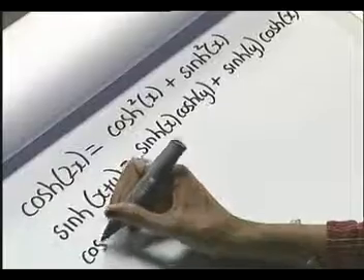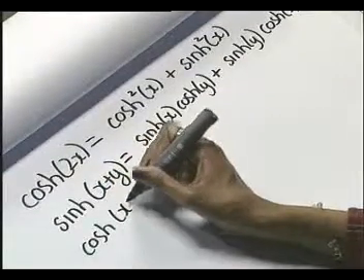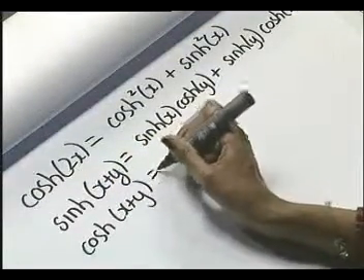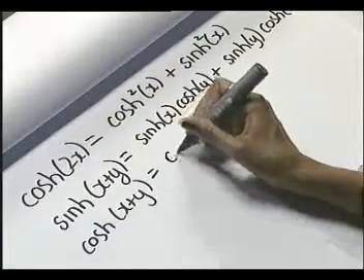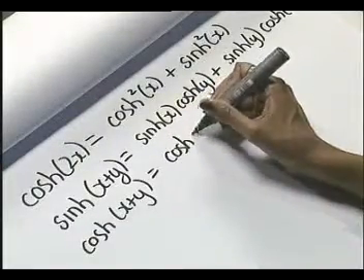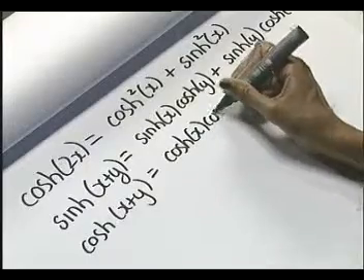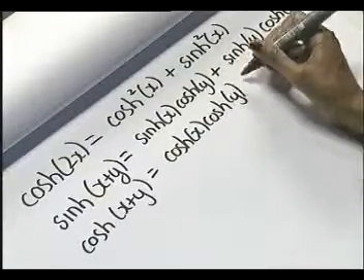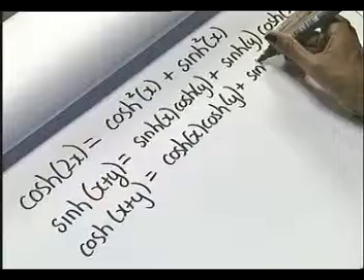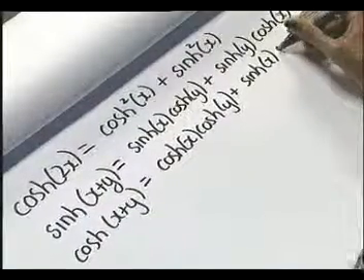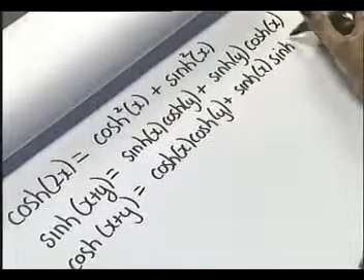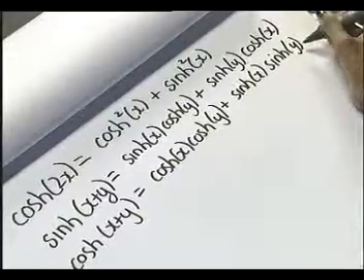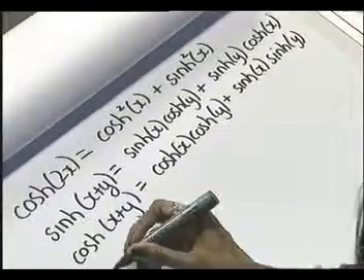And also for cosh of x plus y, we have cosh x cosh y plus sinh x sinh y. And two more.